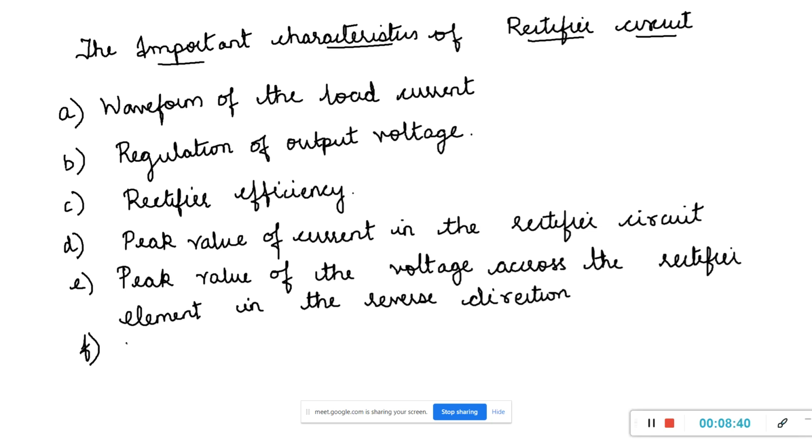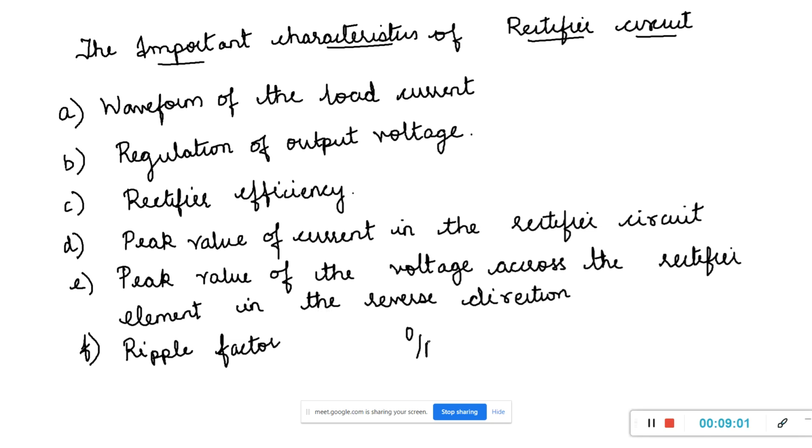One other last important parameter to be considered for the rectifier circuit is ripple factor. Ripple factor is nothing but, in the output of the rectifier there is a pulsating DC, and in that some AC content is there.